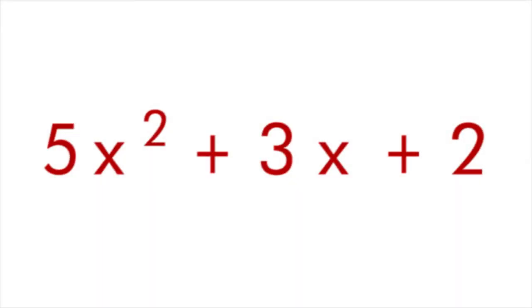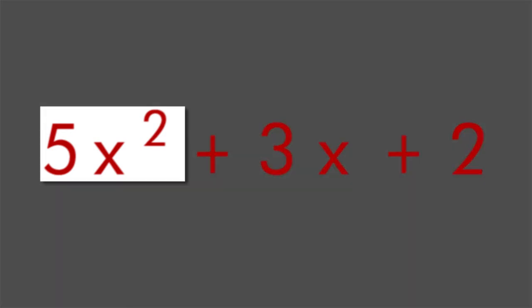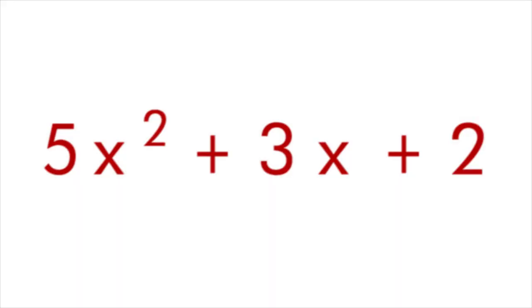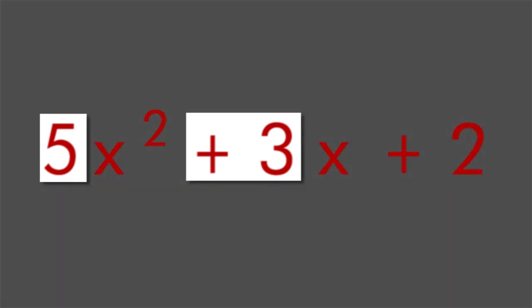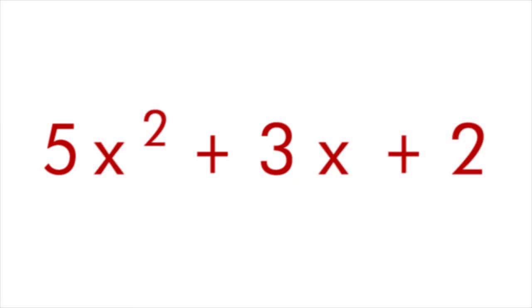We need to know how to label a term as being nonlinear, linear, or constant. We need to know what a coefficient is and how we can determine the sign of that coefficient based on the addition or subtraction symbol at the beginning of the term. And we need to be able to identify exponents.